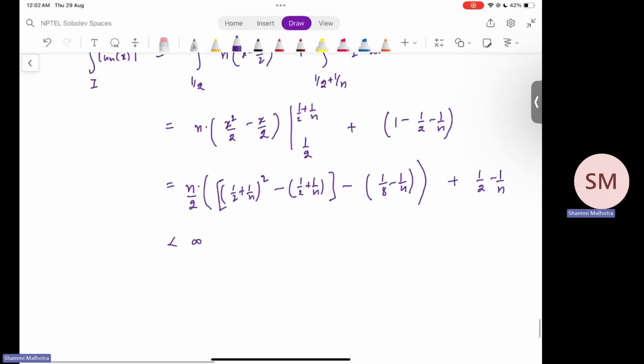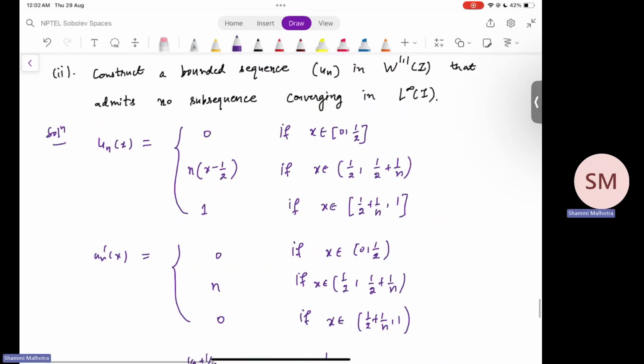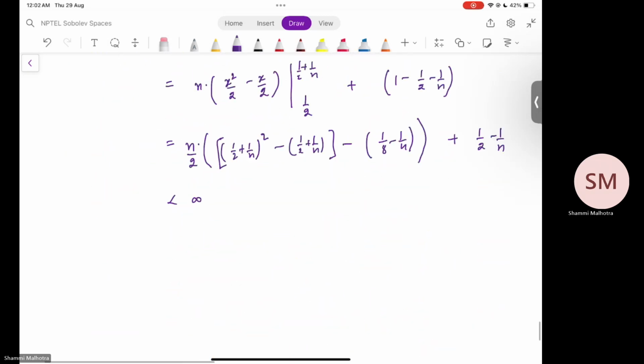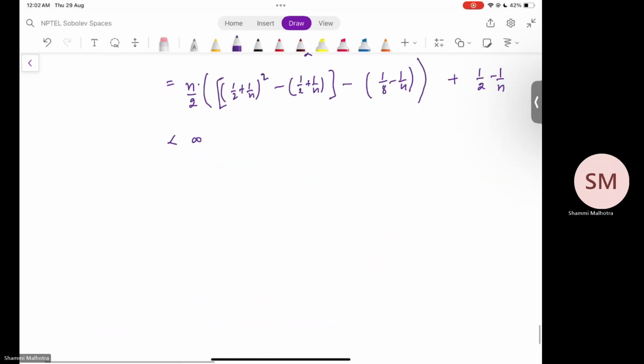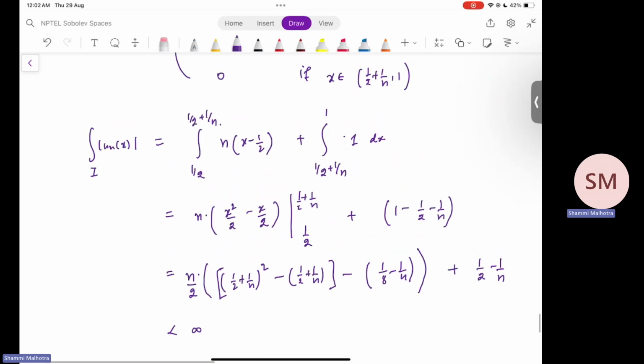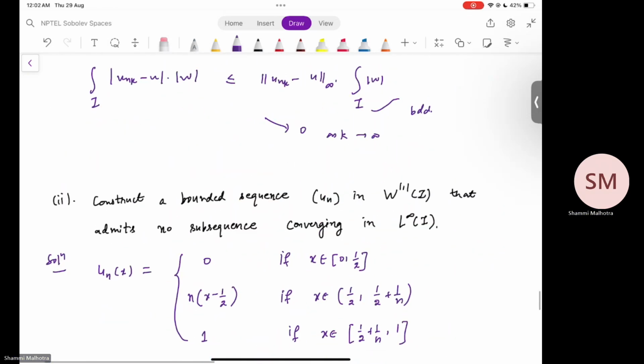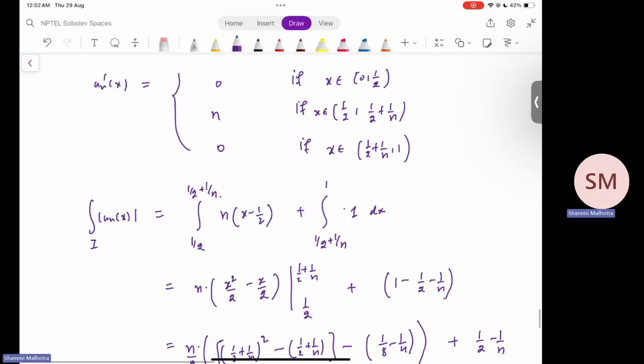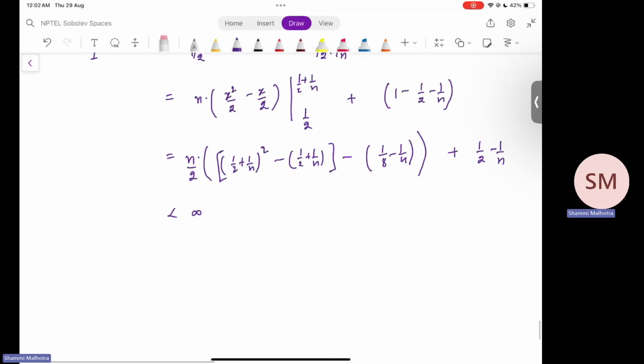And if we would like to evaluate this, we can also do that. Since we have to show this to be uniformly bounded, let us evaluate it properly so that we know exactly what we're getting.